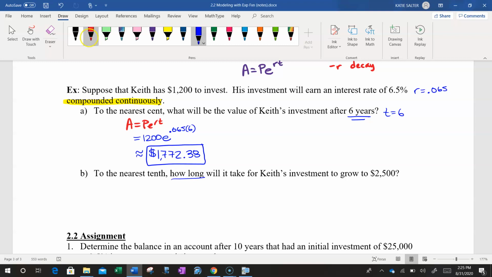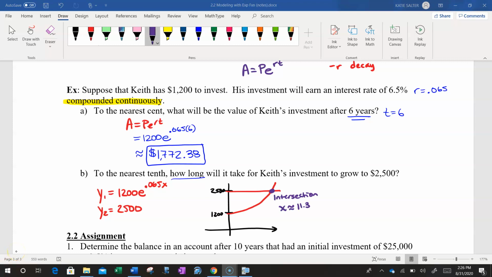So if we write a function for this one, our original function would be the principal, 1,200, times e raised to the 0.065, but then it's going to be raised to the t. And since I'm going to put this in my calculator, I'm just going to write x, same thing as t. We want to know when it grows to $2,500, so in y sub 2, you're going to put in 2,500. And again, just like we did earlier, you're going to find the intersection.